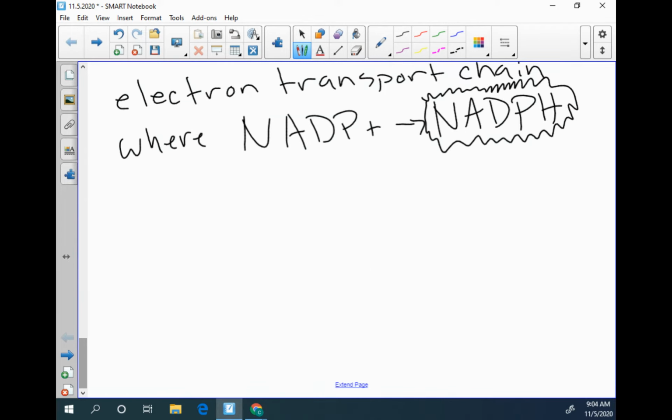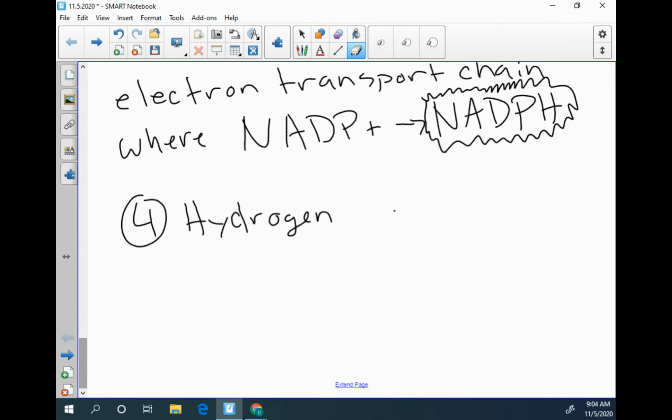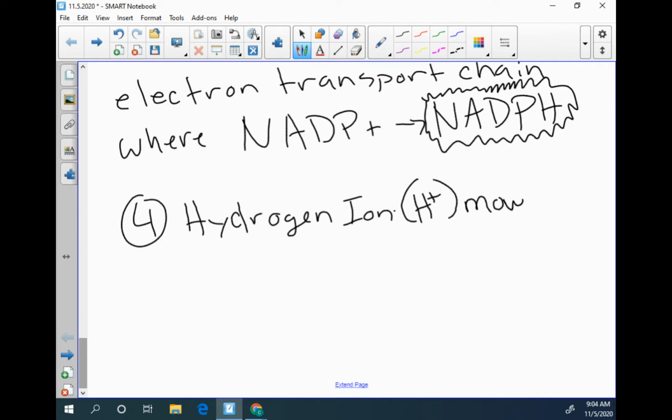Then we hit step 4. Step 4 is hydrogen ion movement, or H plus, and ATP formation.